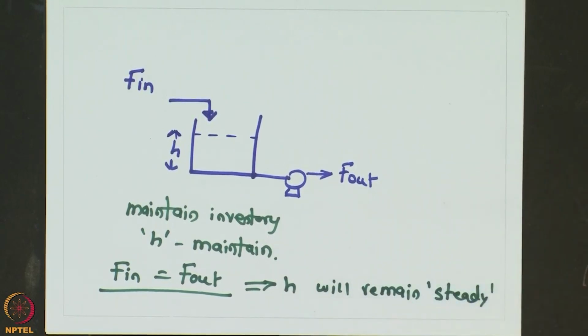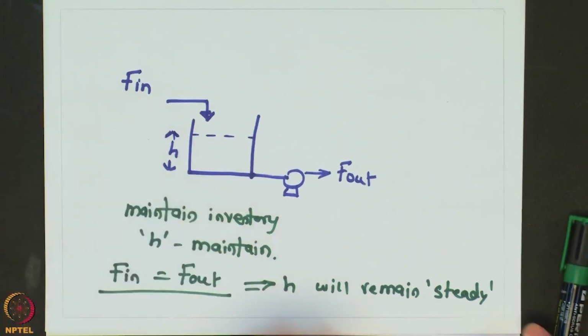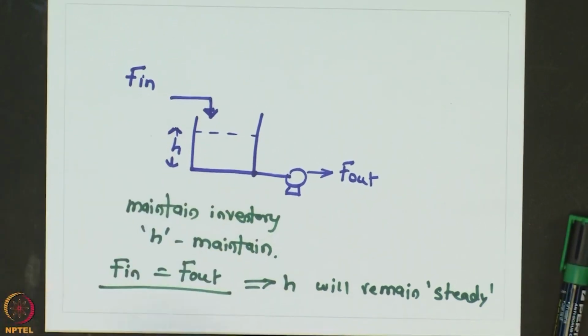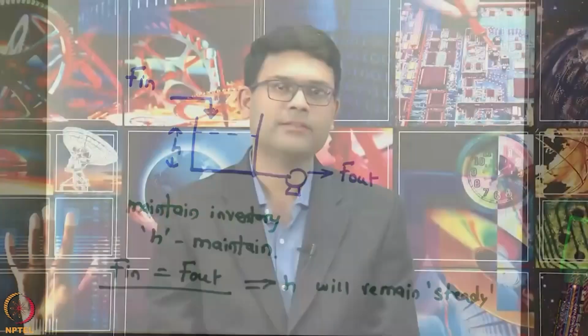Now for such a system, typically there is no control over what comes into this system. So there is no way you can manipulate F in. So let us say if there is some disturbance in F in and we do not do anything about the outlet flow rate, then the tank will either overflow or it will drain out as a function of time.